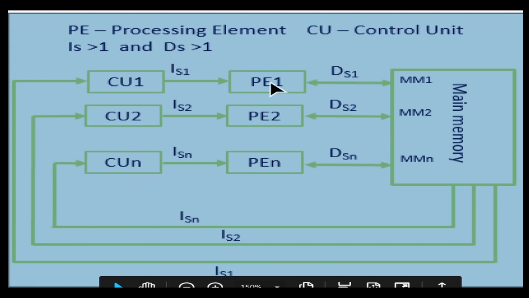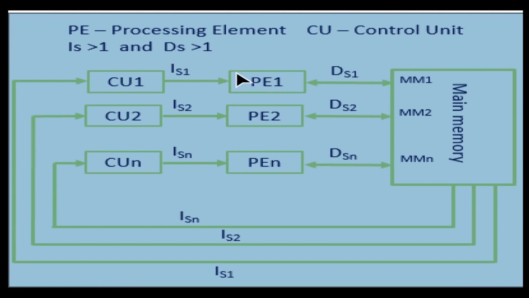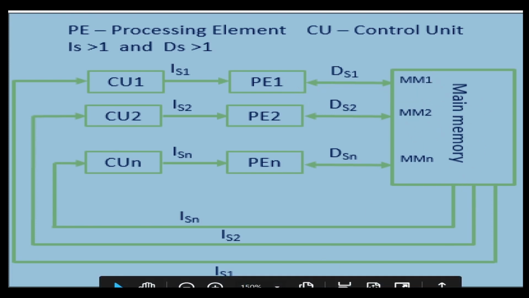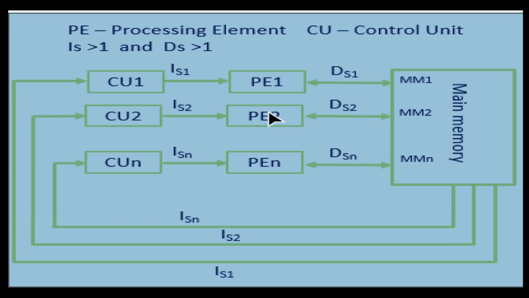And each control unit will have a processing element, that means one ALU, and the ALU gets data from the memory. So the main memory is divided into many parts because you need multiple data from each part of the memory. Data will be going to the ALU.